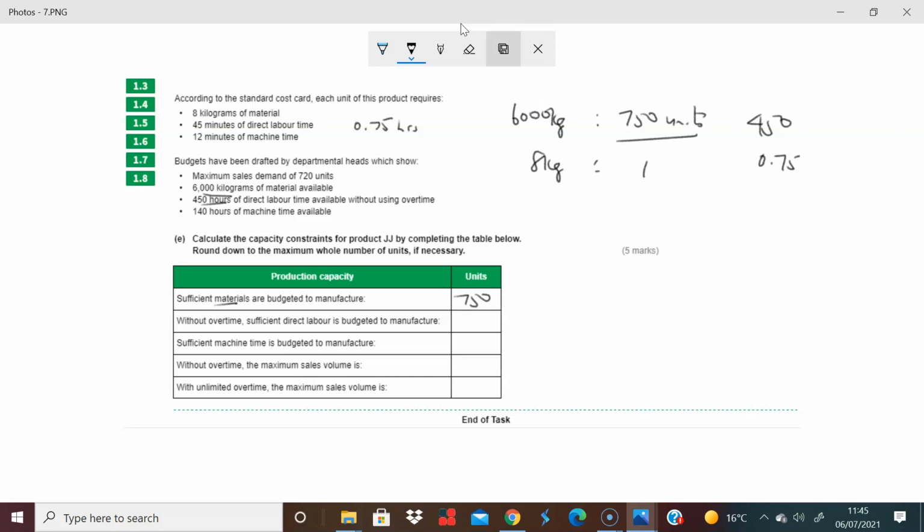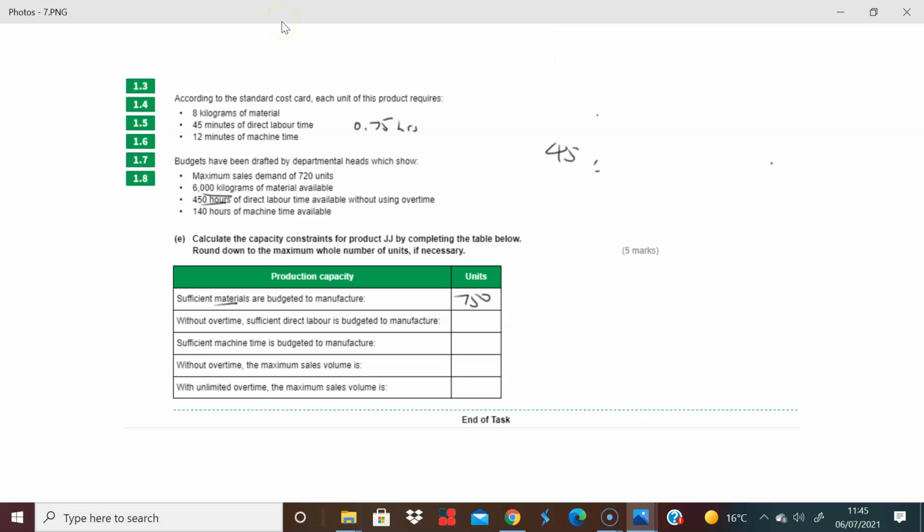Remember that this is recorded, so you can always see what I've done there again. We have 450 hours available, and 0.75 hours will make 1 unit. So the question is, how many units will 450 hours make? We simply divide the 450 by the 0.75, and we can make 600 units with the current situation with labor.